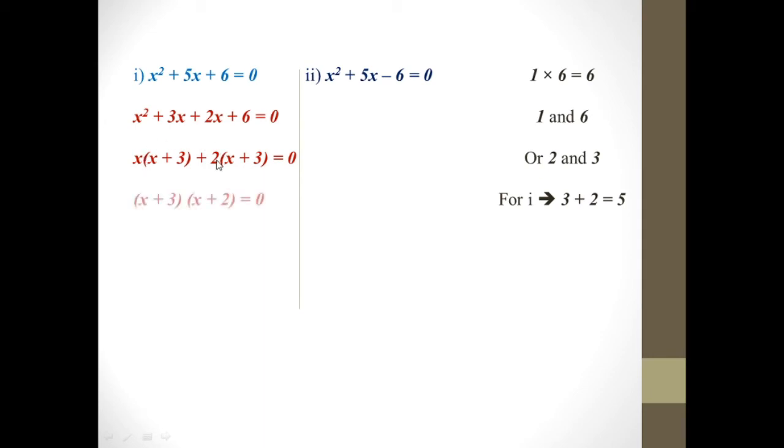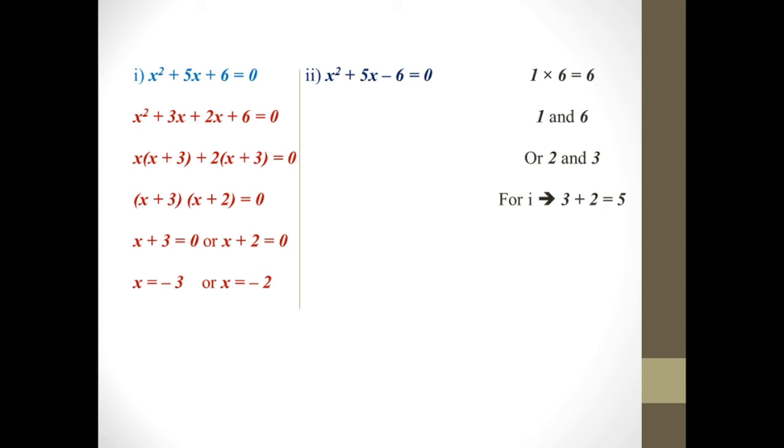Then we split the equation into two separate equations: x plus 3 equals 0 and x plus 2 equals 0. Taking each equation to be true, we get x equals -3, and for the second equation x equals -2.